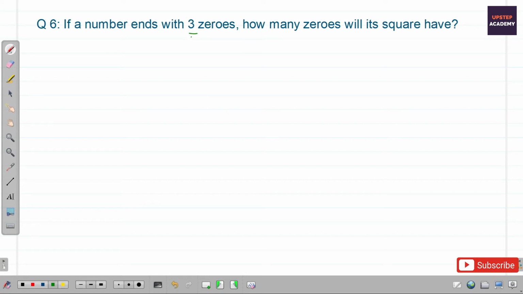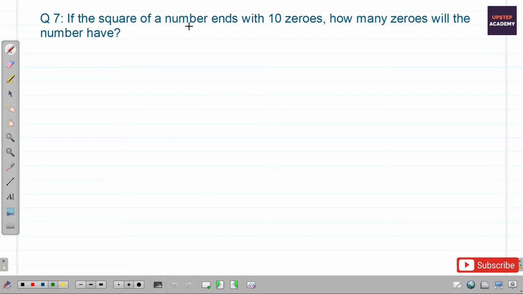Here 3 zeros are given at the end of the number, so definitely its square will have 3 into 2 zeros, nothing but 6 zeros. Let's go for another question. If the square of a number ends with 10 zeros, how many zeros will the number have? That number will have 10 divided by 2 zeros, nothing but 5 zeros at the end.